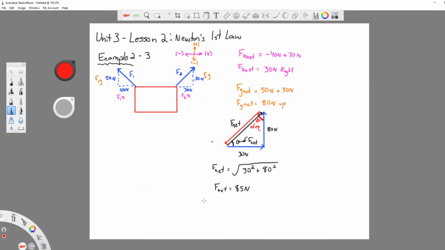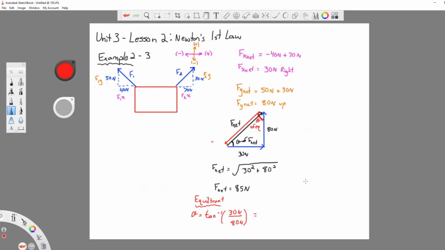Okay, let's do that. So if we're solving for that, maybe I should put this in an equilibriant section. Equilibriant, a little bit messy, but it's okay. Theta is equal to the inverse tan of, what's opposite going to be, 30 newtons over 80 newtons.